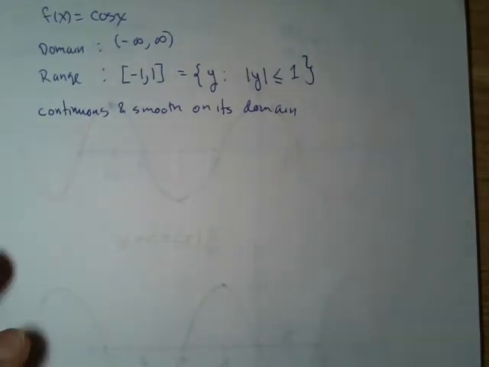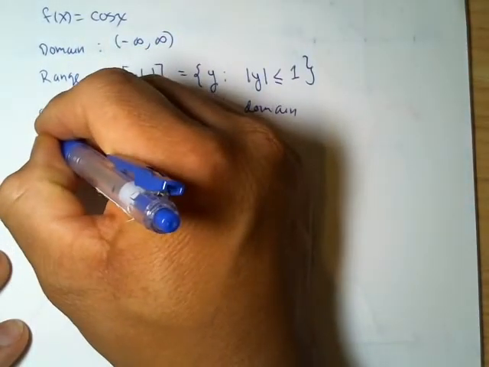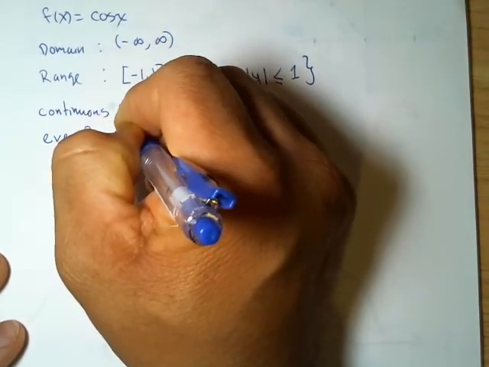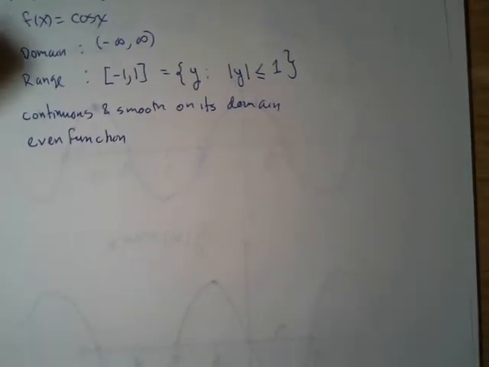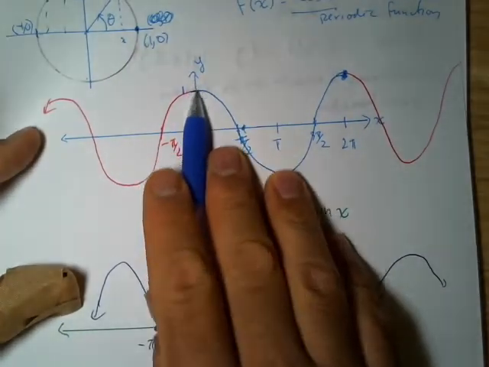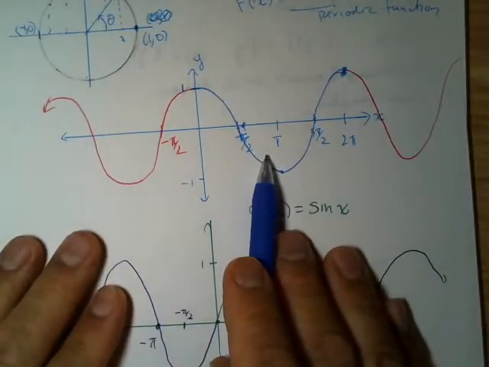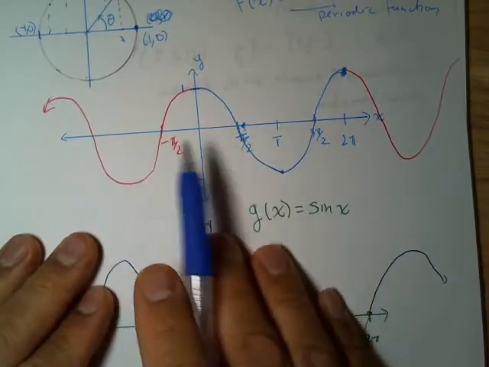And lastly, it's an even function. What that means is that if we fold it along the y-axis, the graph is a mirror of itself across the y-axis.